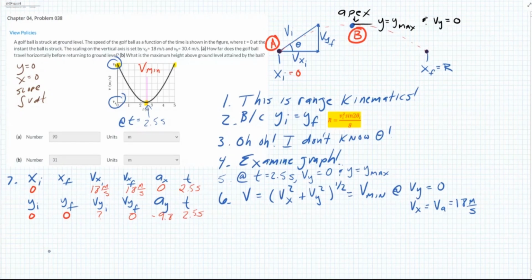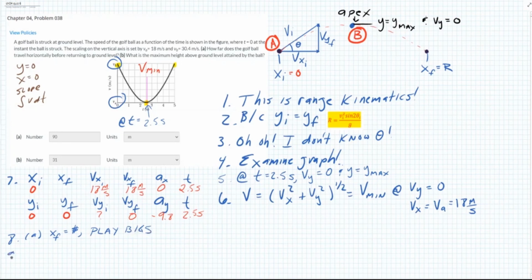X final equals X initial. Okay, so number 8. For part A, what you're after is XF: how far does the golf ball travel horizontally. So let's play big 5.